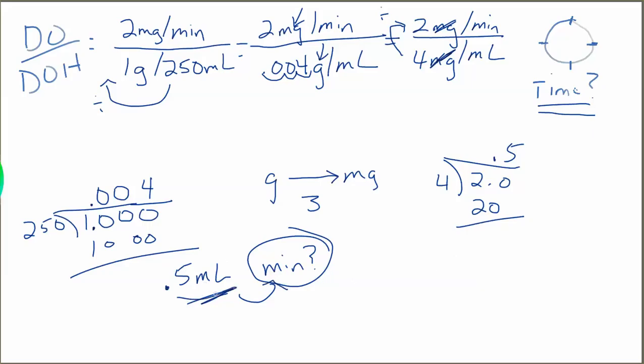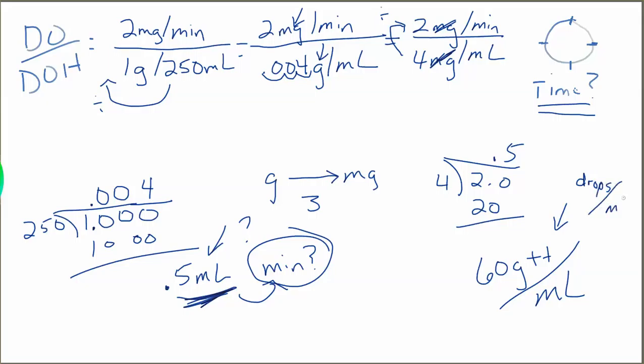We know this is the answer, but you have to figure out how many drops to get this medication in. So in order to do that, you're going to multiply it. And the easiest way to do it is if you're using a 60 drop set, but it doesn't have to be. Now, GTT means drops per milliliter.